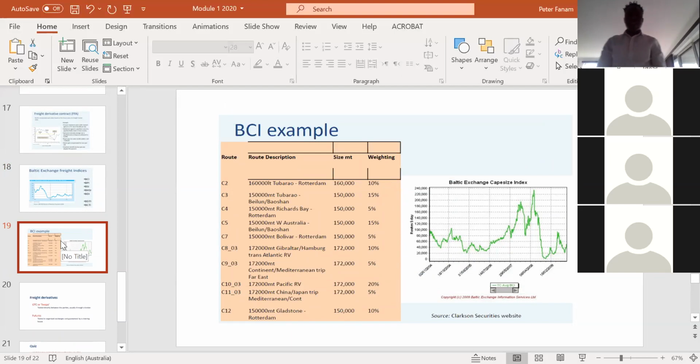I just put an example over here of how these indices are run. They consolidate or combine several routes together per type of cargo, type of vessel, and certain routes, to run these indices. We'll also look at this in detail, but I just put this on the slides for you to see.